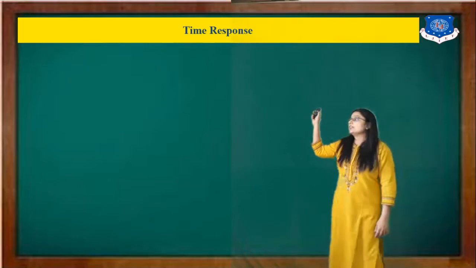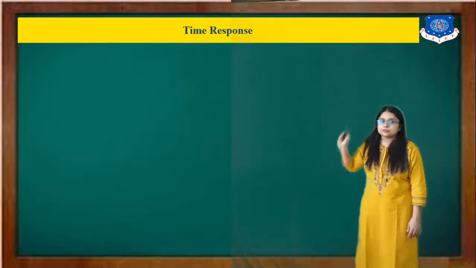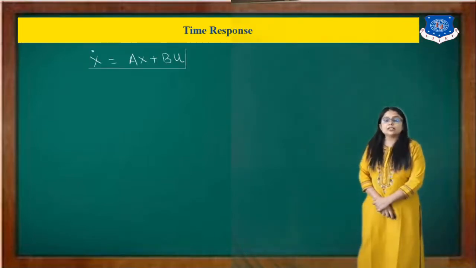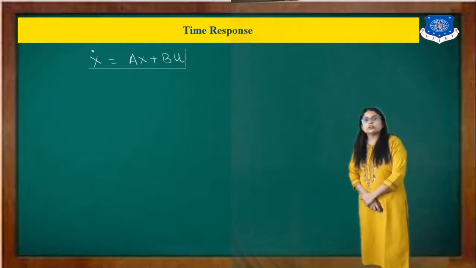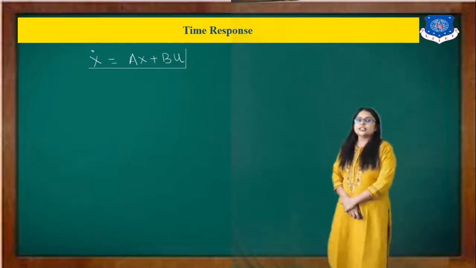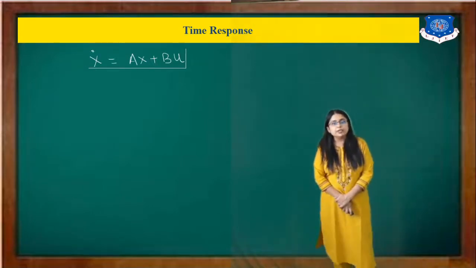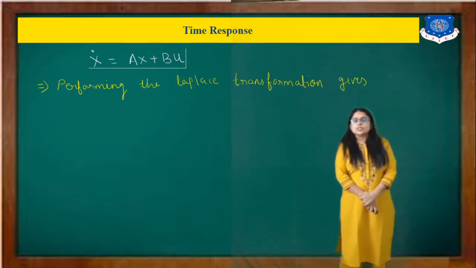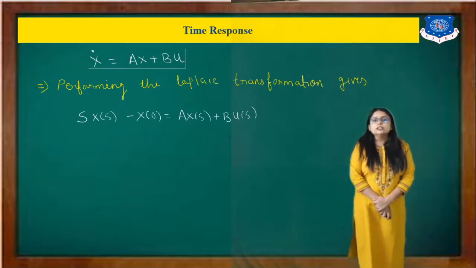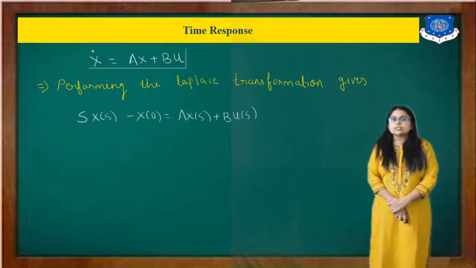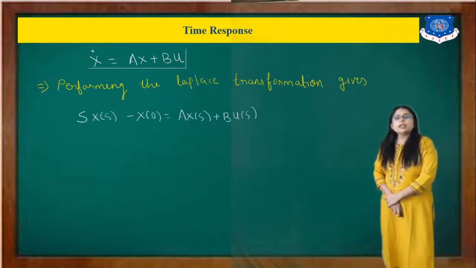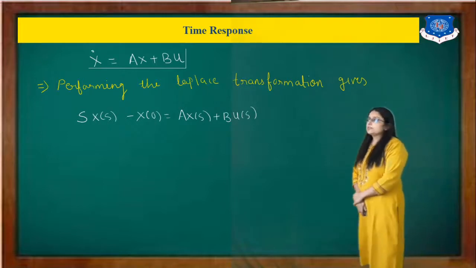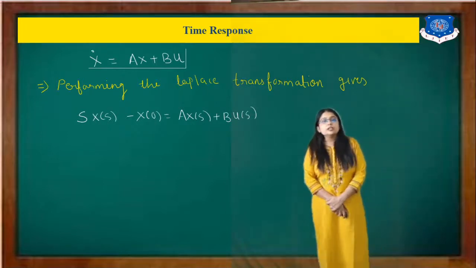First of all we will study the time response. Before that, consider the equation x dot equals Ax plus Bu. Now take the Laplace transform. So we have s into X(s) minus x(0) equals A into X(s) plus B into U(s).